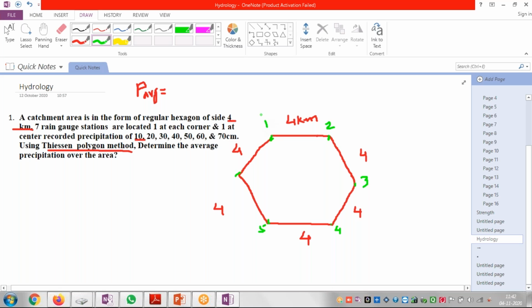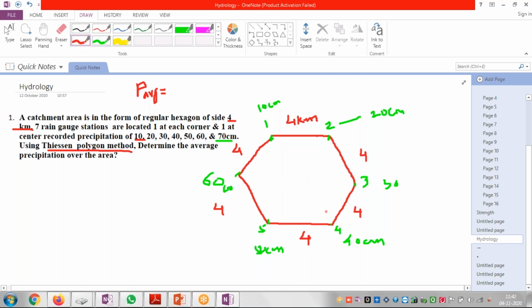Suppose the first rain gauge rainfall is 10 centimeter. The second rain gauge station is 20 centimeter. Likewise, this is 30 centimeter, this is 40 centimeter, this is 50 centimeter, this is 60 centimeter, and the last one is given as 70 centimeter.